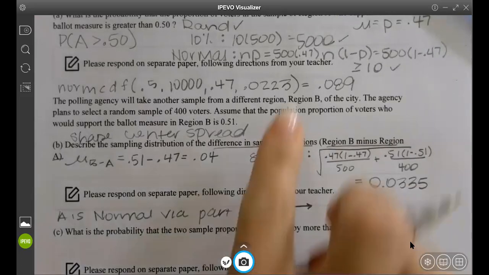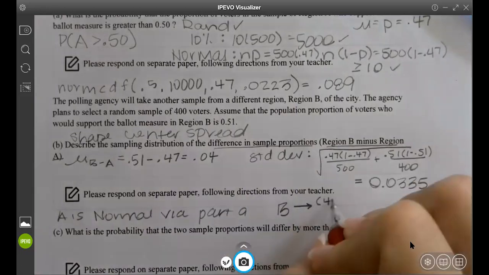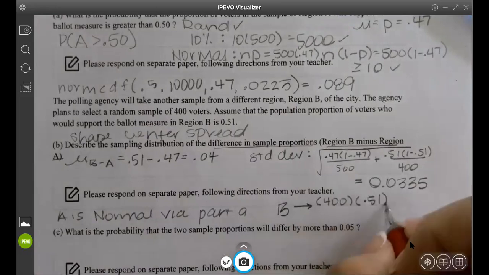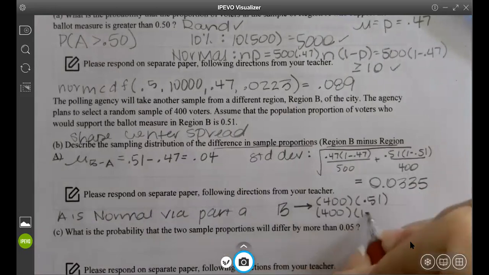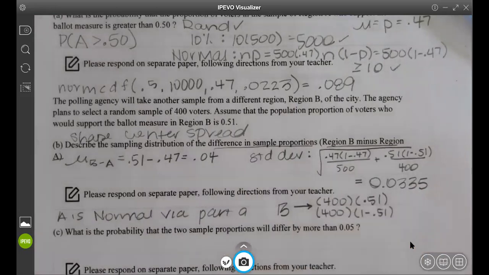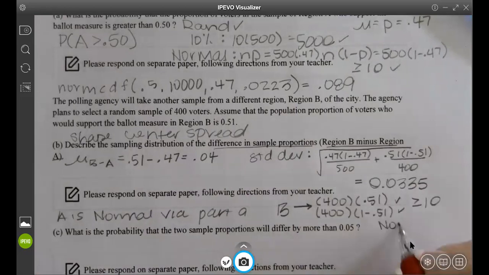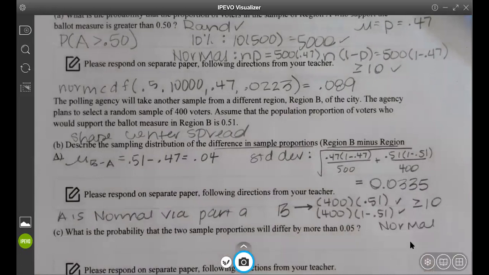So that was NP and N1 minus P, right? What's your N for B? 400. Times our P was 0.51. And we're going to do 1 minus 0.51. And both of those are greater than or equal to 10. So it is also normal. If your two are normal, the difference will also be normal.